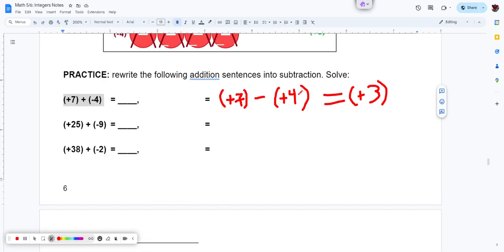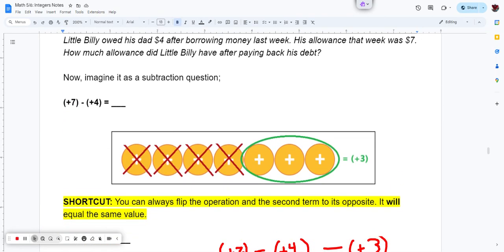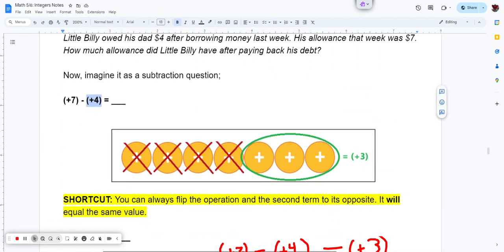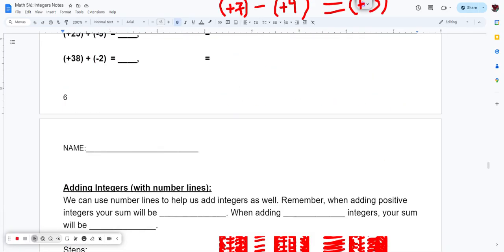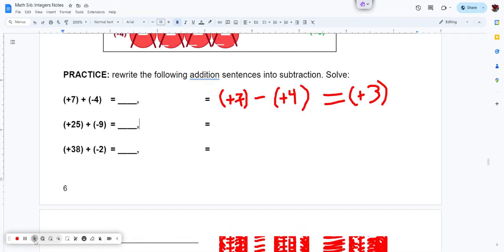But more importantly, it's important to understand that subtracting something that's positive, like subtracting how much money little Billy owed, is exactly the same as adding on debt. It's the exact same thing. Okay. Let's have a look at the other one here. Positive 25 plus negative 9.